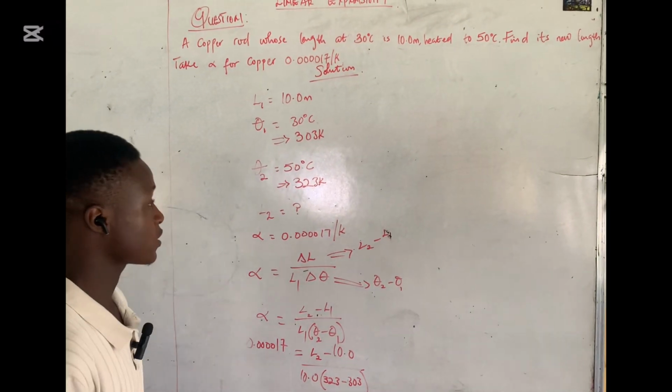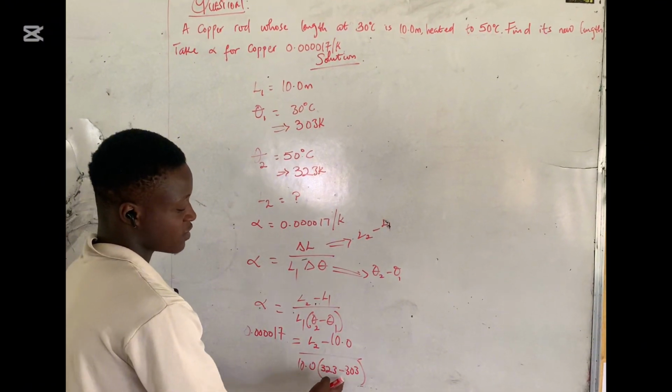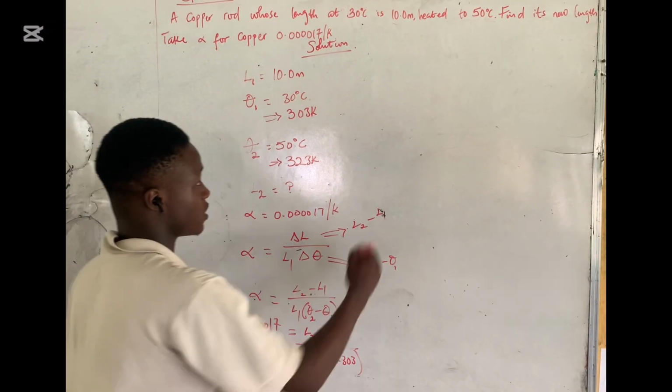Next thing we do is open this bracket. 323 minus 303 is what?